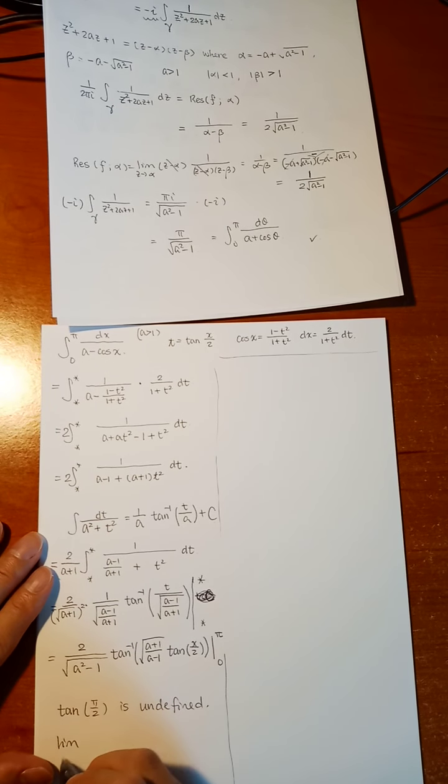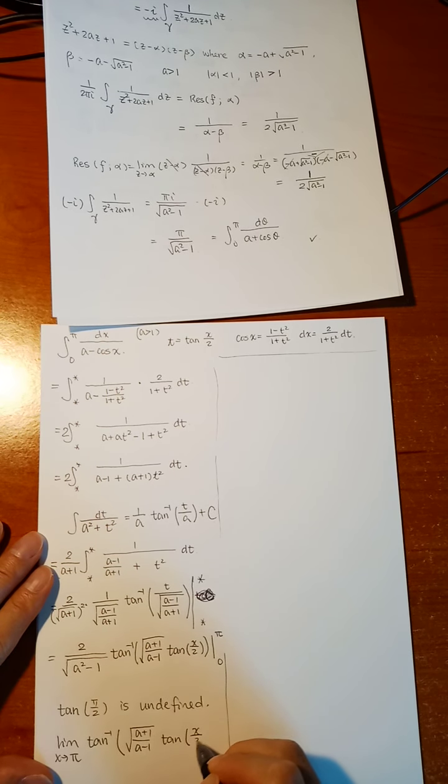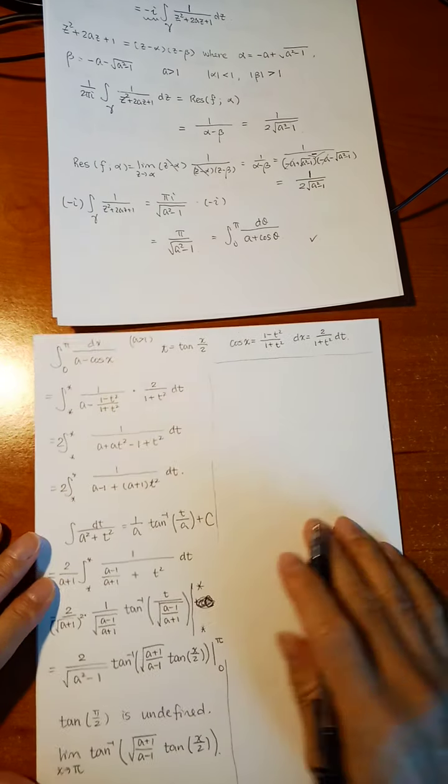So if you want, you can consider this as evaluation of a limit process. Okay, so when x approaches pi, x over 2 approaches pi over 2, tangent will approach infinity.